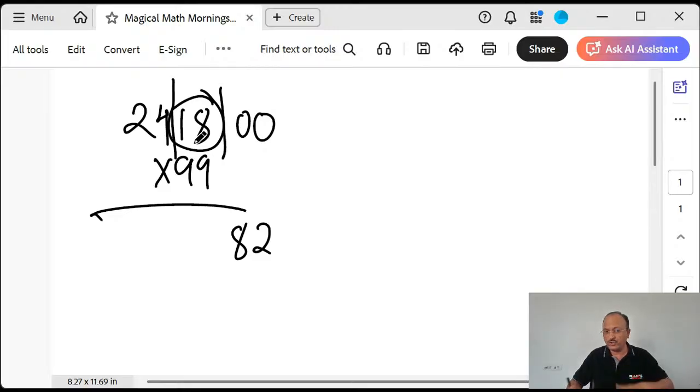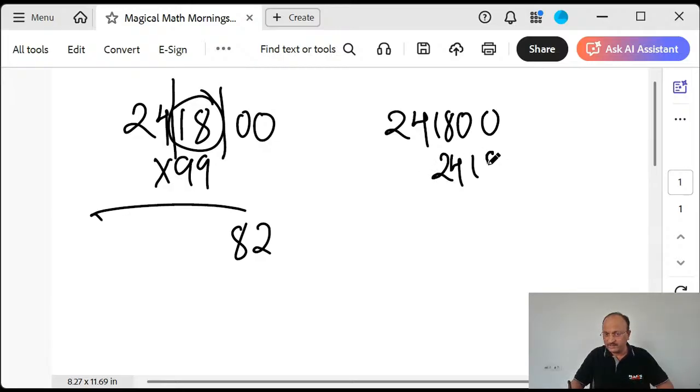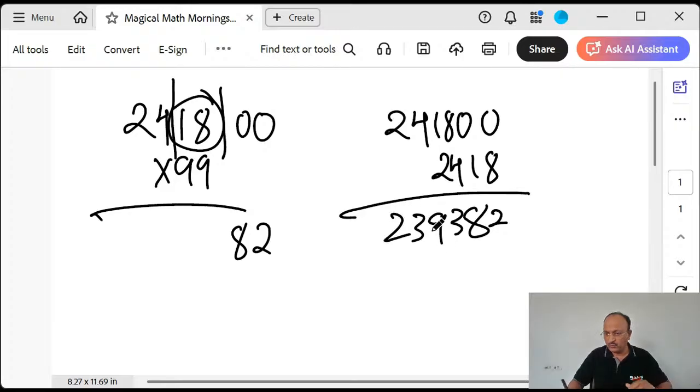Correct. By this time you have already given me the answer. 241800 minus 2418. Correct, no? You have written 2, 8, then 3. From here it's just a normal subtraction. 932. Correct. This is the answer.